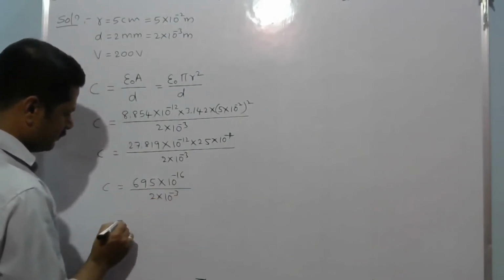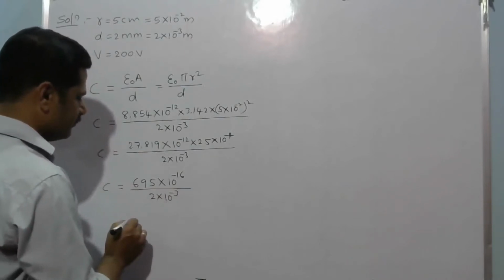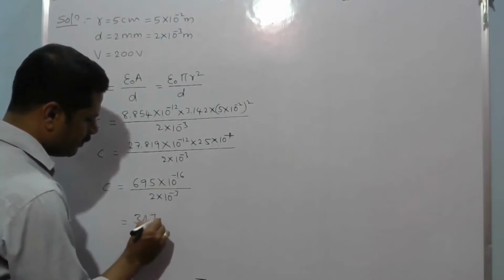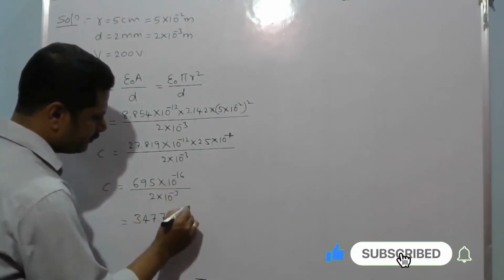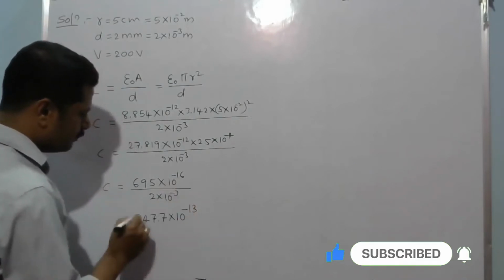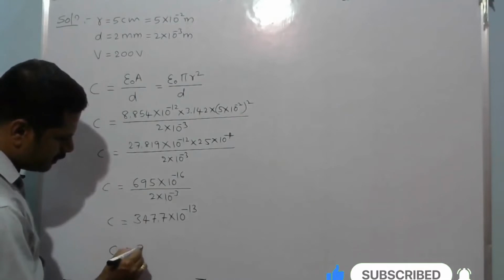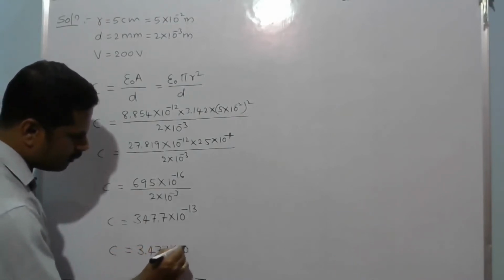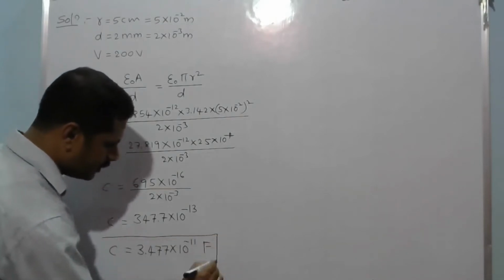And this is equals to 695 divided by 2, that gives us 347.7 into 10 to the power of minus 13. If you express your final answer to one decimal place, we will get C equals to 3.477 into 10 raised to minus 11. This is the capacitance of the given parallel plate capacitor.